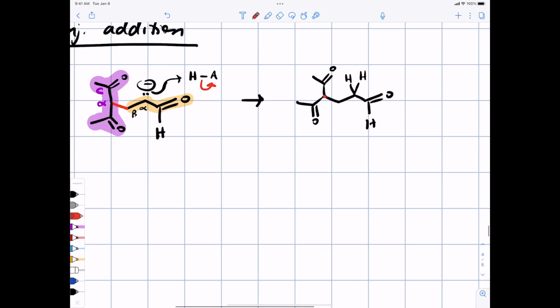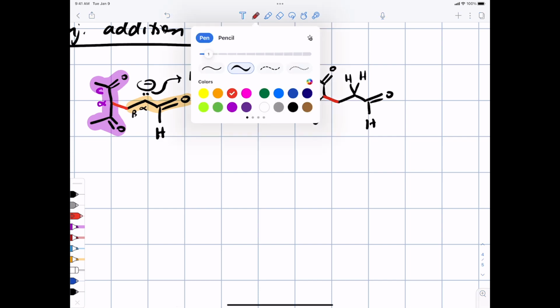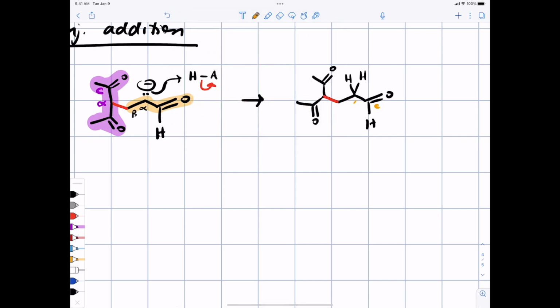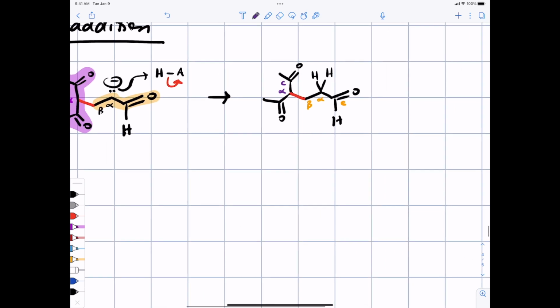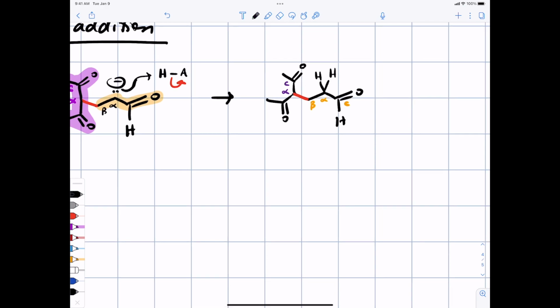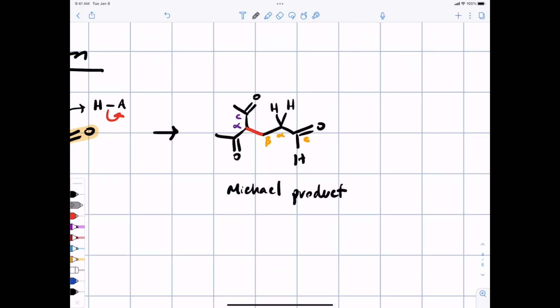Again, this is the new bond that we made between the beta carbon of our electrophile and the alpha carbon of our nucleophile. We'll call this a Michael product. If you want to get good at recognizing Michael products, there's a couple of ways to do this.